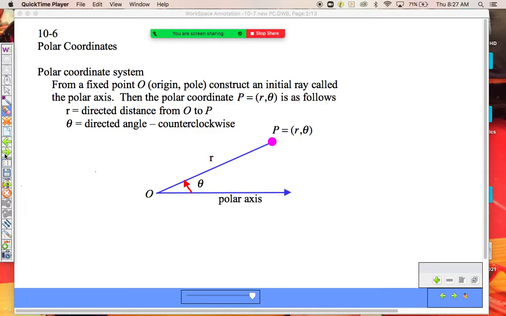All right, so before this unit, we graphed rectangular equations. Rectangular equations have x and y's in them, and only x and y's. Last class was our parametric. Parametric was x, y, and t.